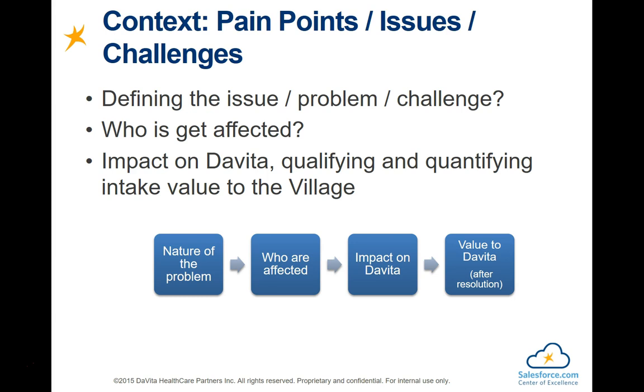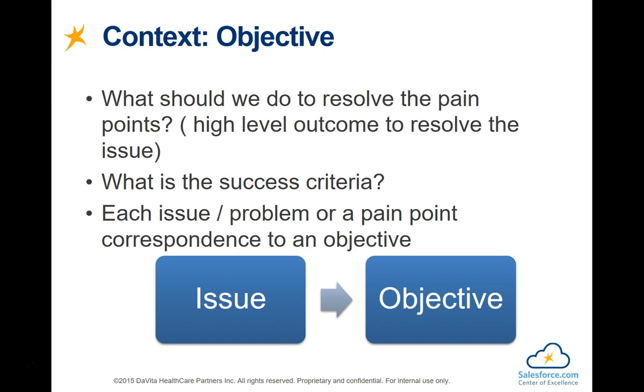Once we have the pain points, the next step is to look at how those pain points can be resolved at a very high level. Again, this is purely from a business point of view and not from a technology point of view. So we ask the business stakeholder their understanding of what needs to be done to resolve the pain points or the issues.